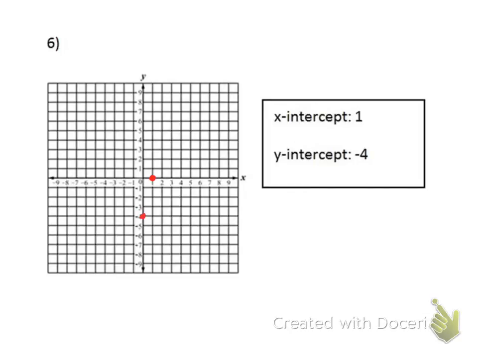Go down 4 and you put a point. Connect both of these with something very, very straight and put your arrows on the ends. Do you have any questions? No? You good? Okay. If you're working ahead, make sure you're checking your answers.